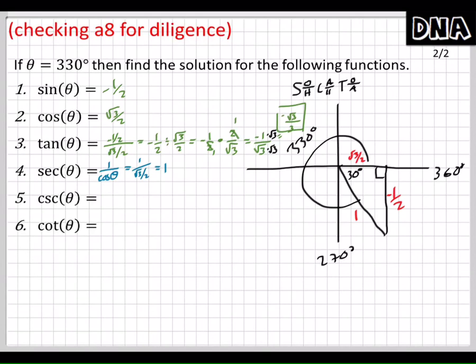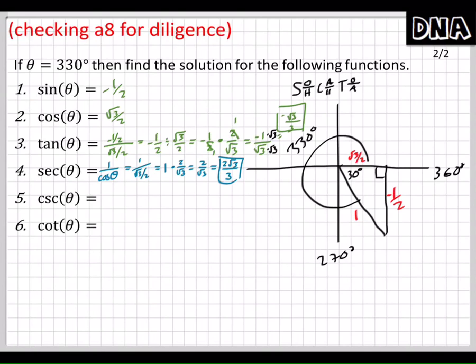Let's write it the way that we understand it the most. 1 times the reciprocal of rad 3/2, which is 2 over rad 3, and then you get 2 over rad 3. Multiply top and bottom by rad 3, you get 2 rad 3/3.